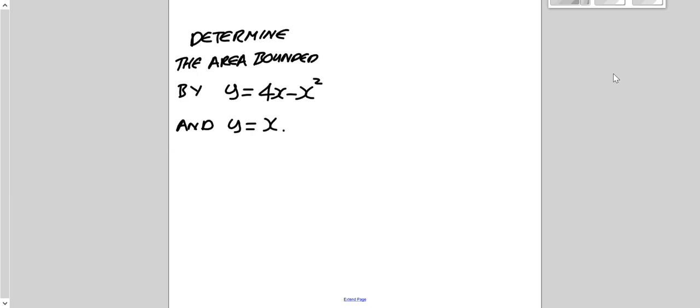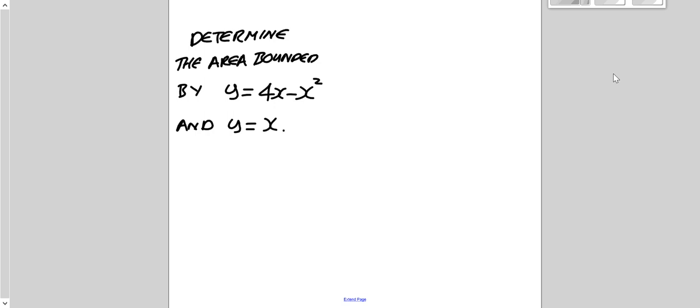So here we go. Why don't we just fire right in there with an example? We want the area bounded or surrounded by the two curves, which are the function names y equals 4x minus x squared and y equals x.